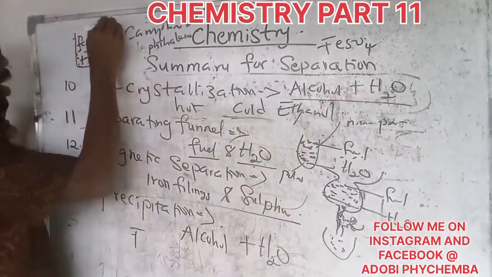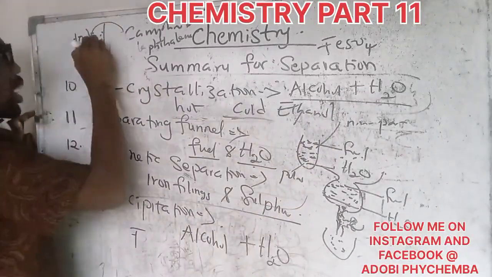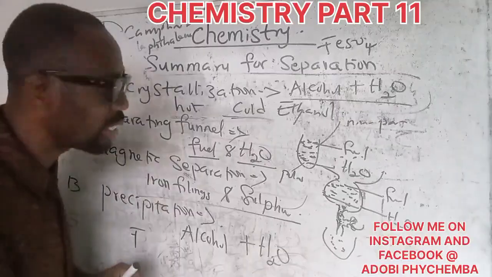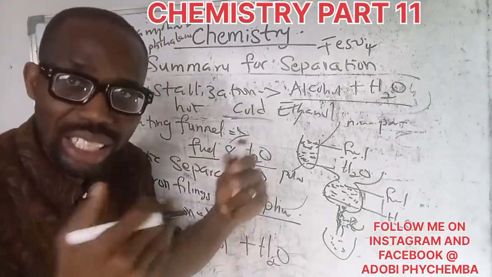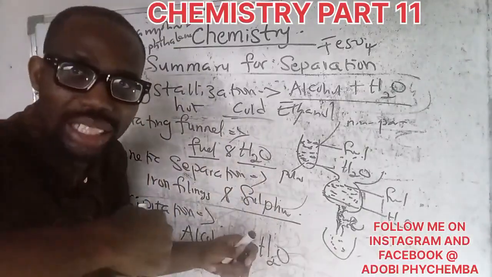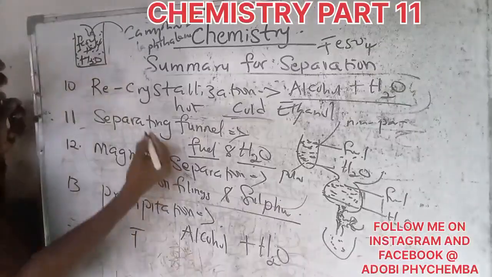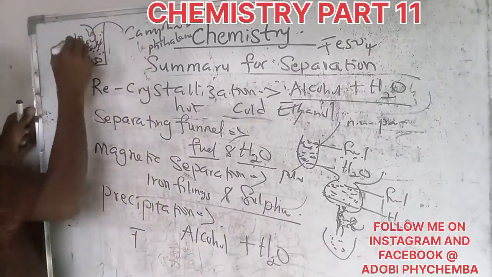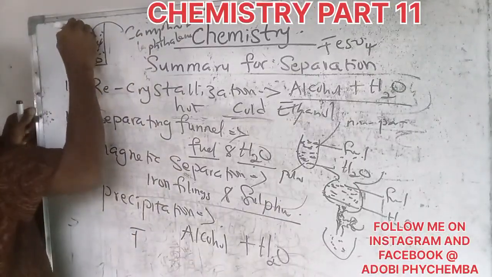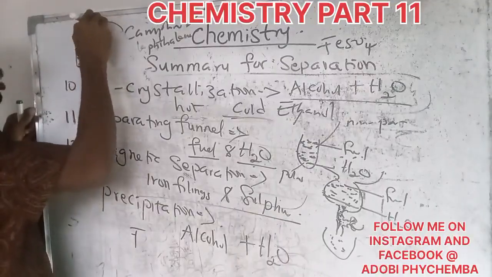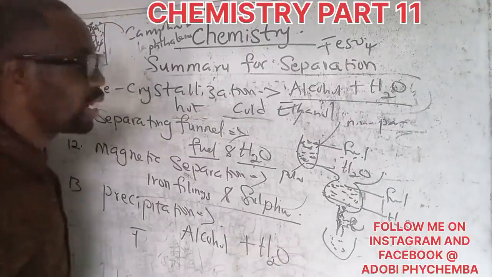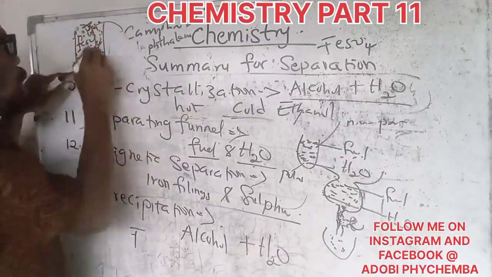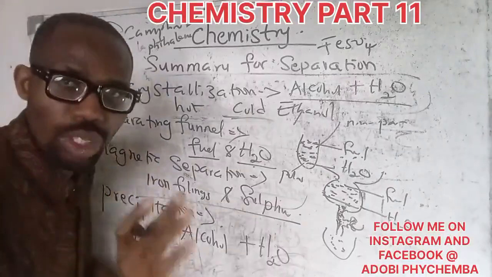When I pour in ethanol, the iron(II) sulfate will precipitate, and I will find it as an insoluble solid in this mixture. That is the precipitate. As it forms insoluble solids, the alcohol will now mix with the water to form a solution.